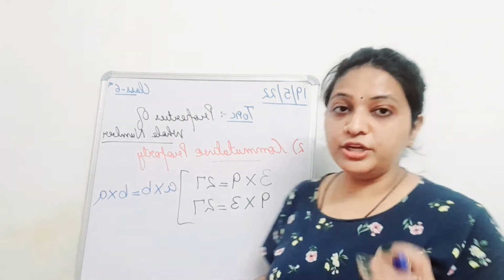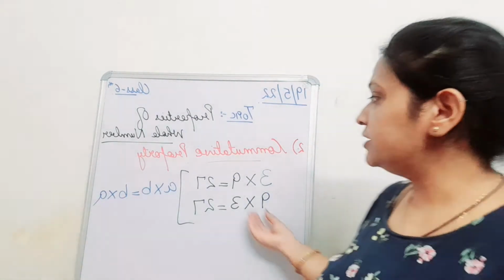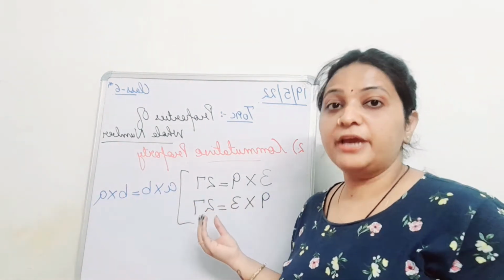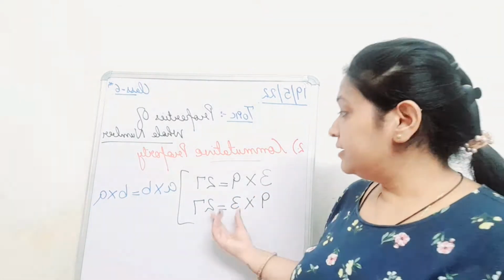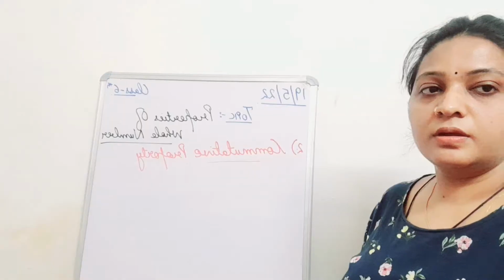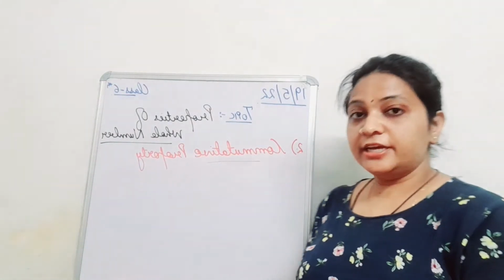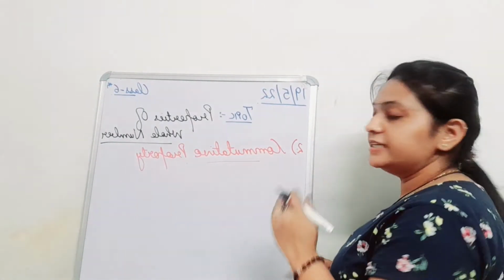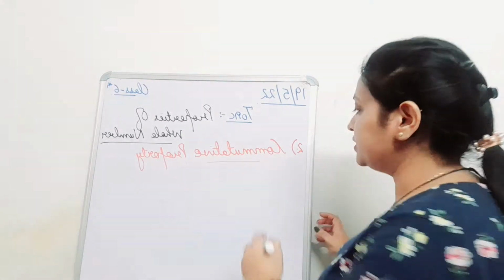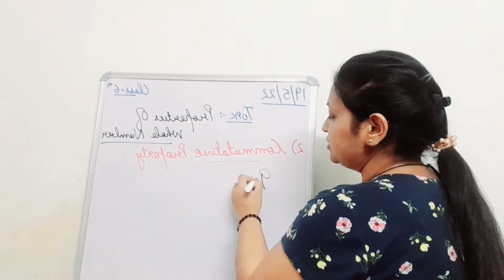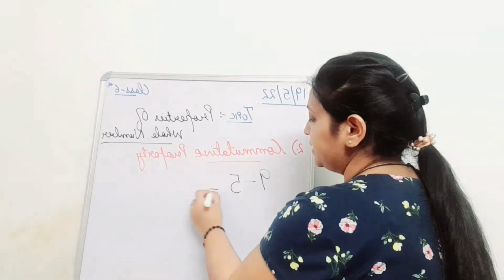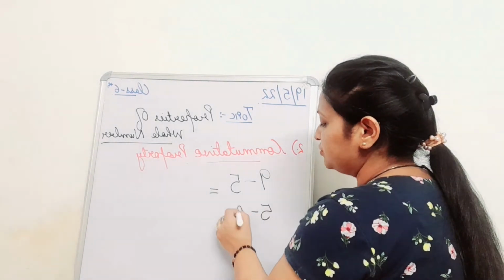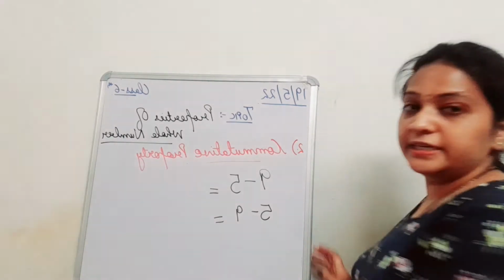Now I am going to give you another question in which you have to check by yourself whether it is satisfied for subtraction or division. Okay. In one case you have to subtract 9 minus 5, and in another case 5 minus 9.